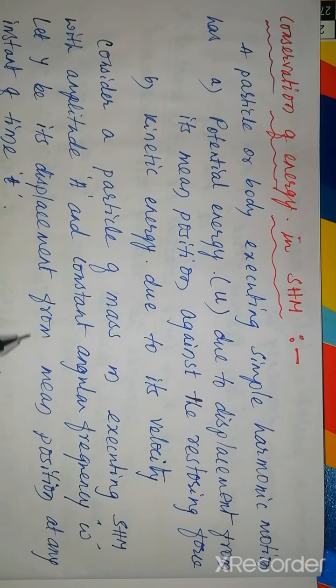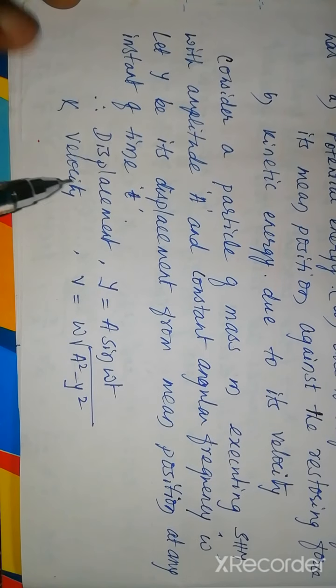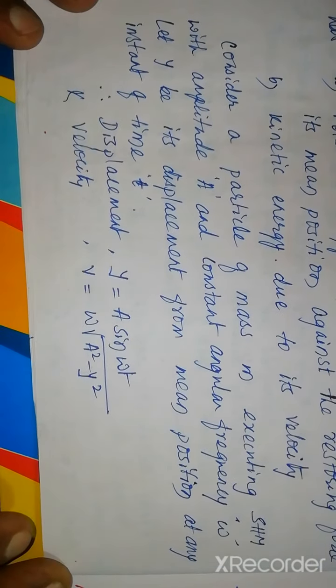Let y be its displacement from the mean position at any instant of time t. Then we have the equation for displacement y equals a sin omega t, and for velocity v equals omega under root a square minus y square.